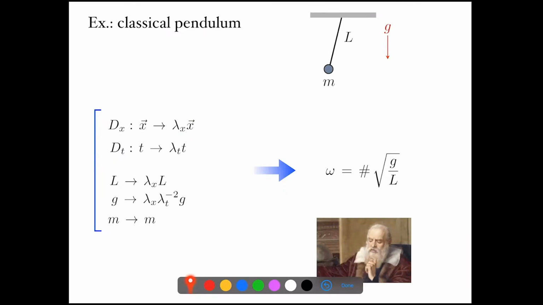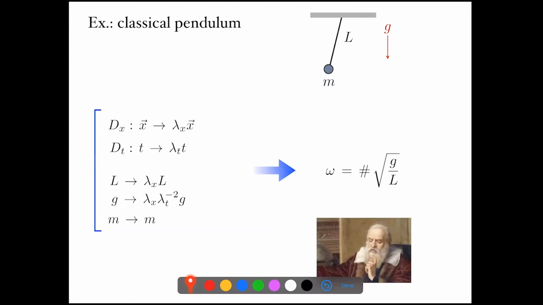If you want, I can show you later in detail at the level of the Lagrangian if you were confused about what this means. Now, these are not symmetries of the pendulum, because the pendulum is endowed with parameters: its own rigid length, which is not dynamical, and the acceleration of gravity, which is an external parameter. They have dimensions of space, and space divided by time squared, and therefore they would transform.